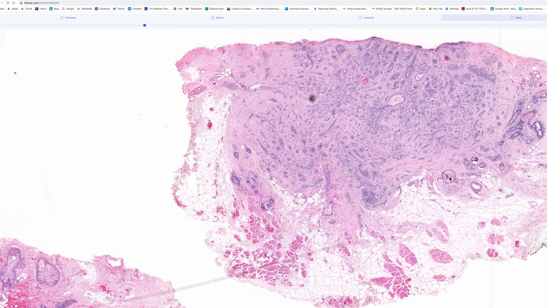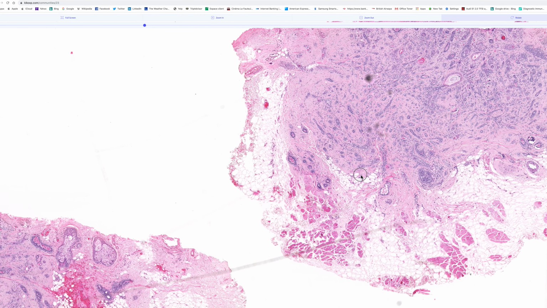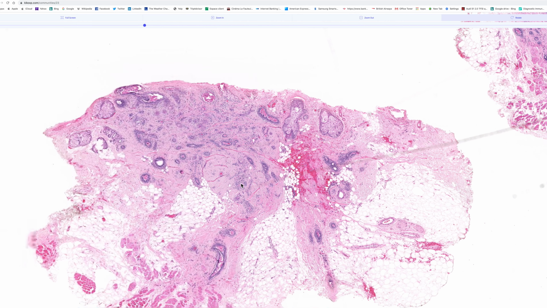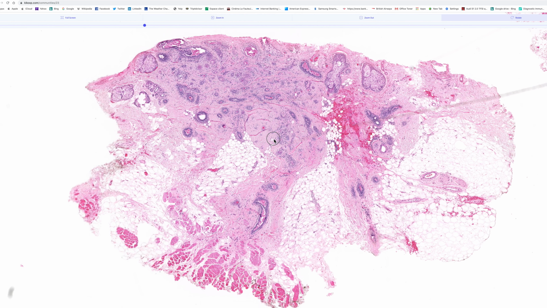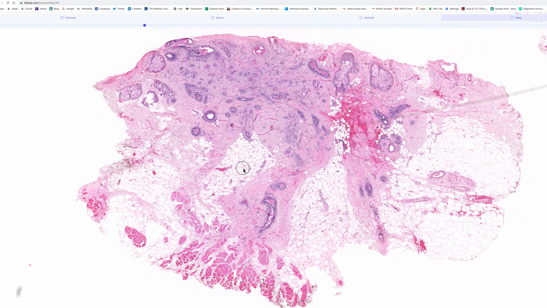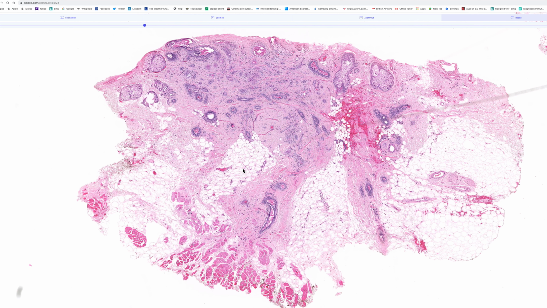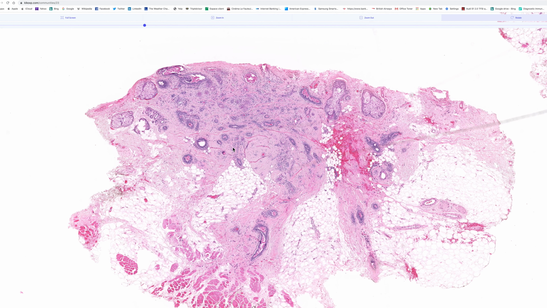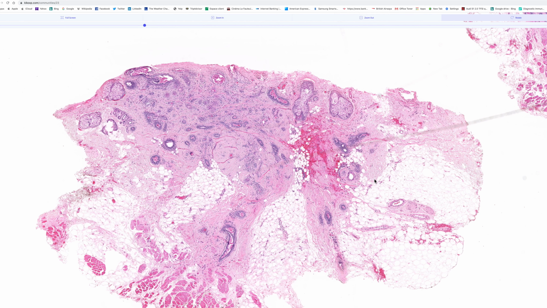In a case such as this, we're not really clear whether it's been fully excised or not, and this is one of the tumours that lends itself particularly to Mohs surgery in an effort to remove it with as much tissue sparing as possible.